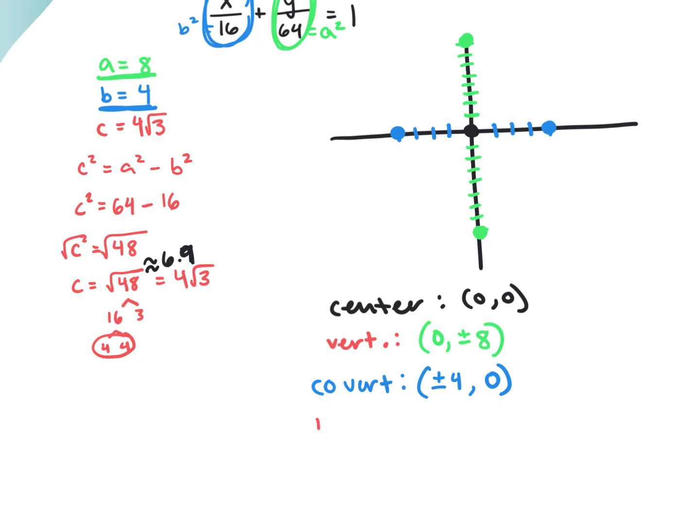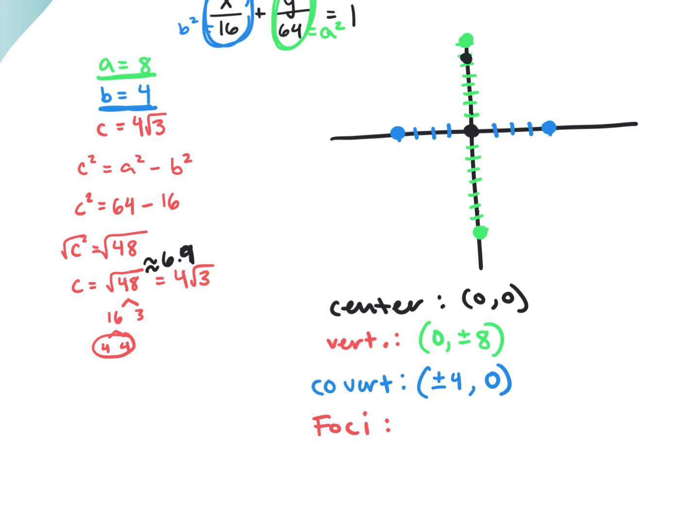Now for our foci, our C tells us our foci. Which axis are we going to go for square root 3? We're going to move along the y-axis for square root 3. So we're going to go up, and we said 4 square root 3 is about 6.9. So I'm going to go up 6.9. So almost to 7 there.